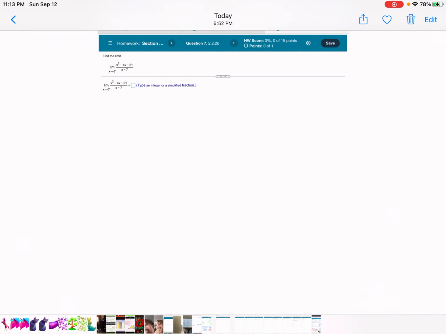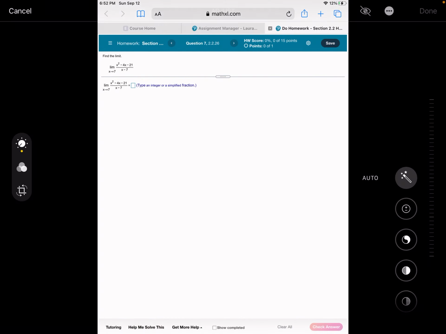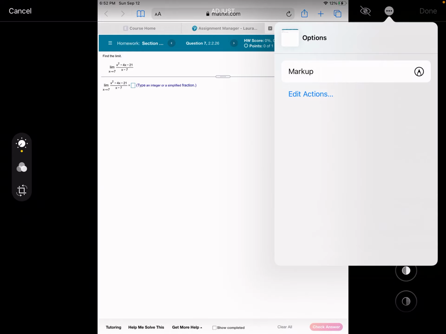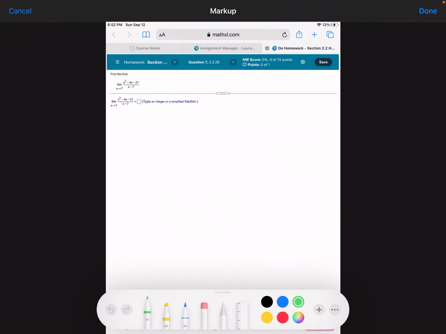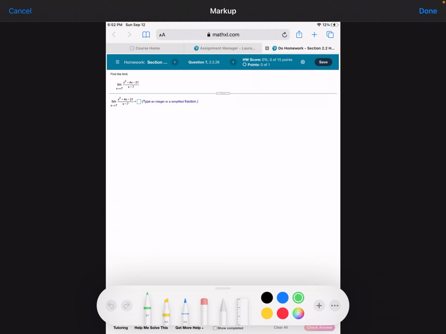This is a rational function. Remember, the first thing to do is just see what happens if you plug in. I'm going to call this f of x so I can say, let's see what f of 7 would be.